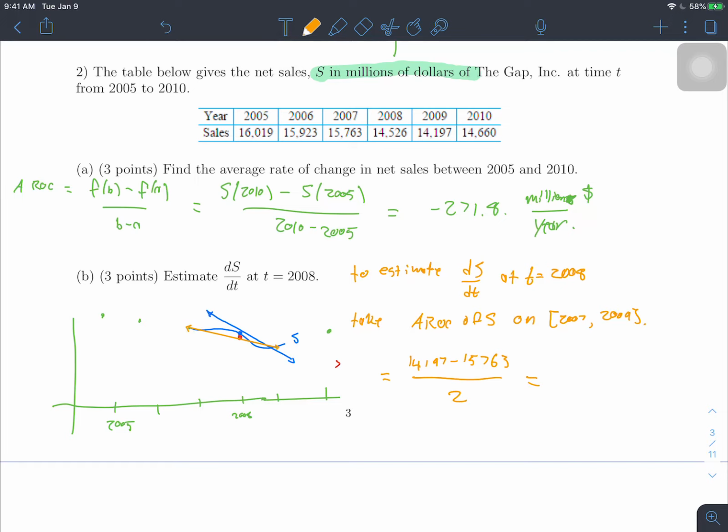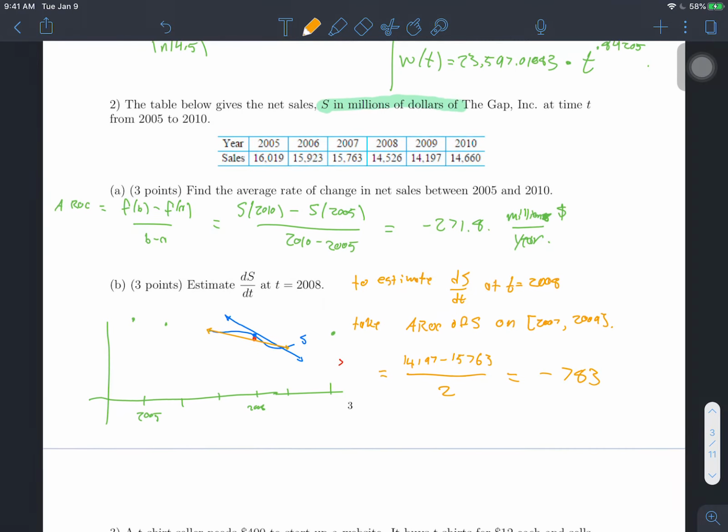So let's use the calculator. Minus 15,753 divided by 2, and we get negative 783. Okay, so that's how we do that.